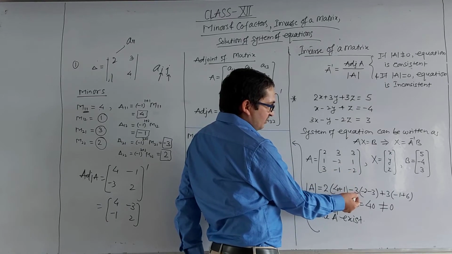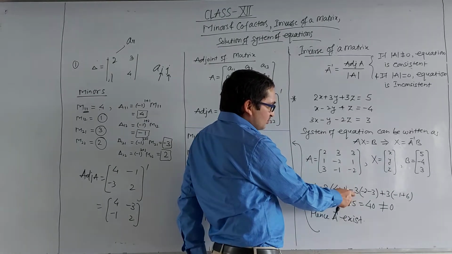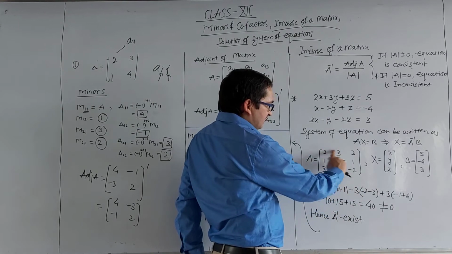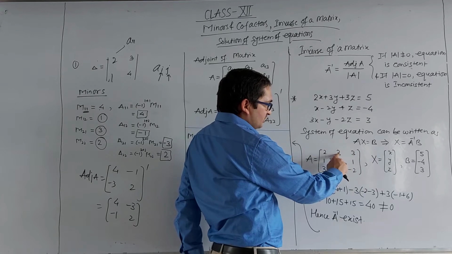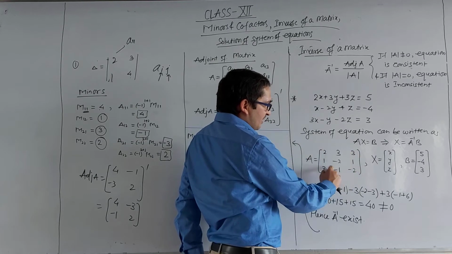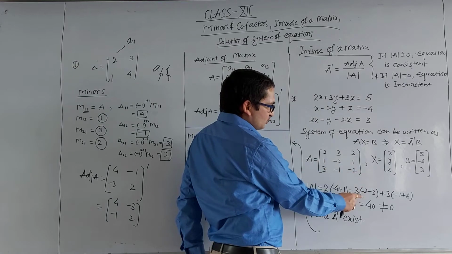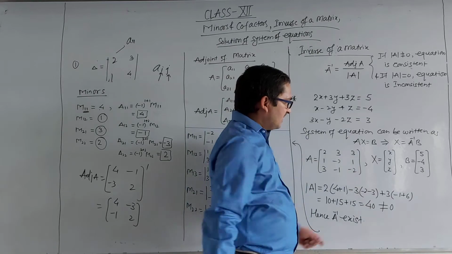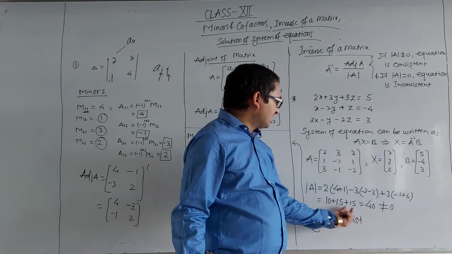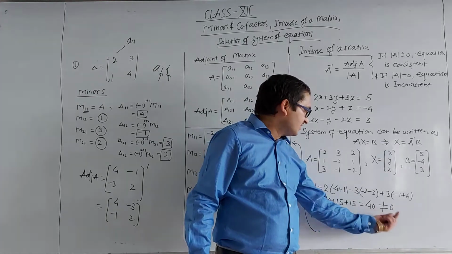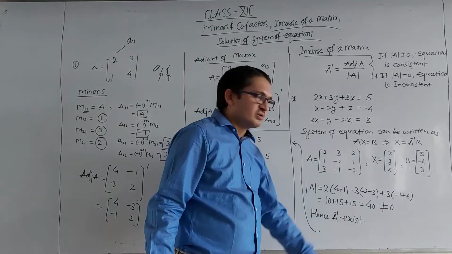Similarly, the second term will come with a negative, so minus 3, and you cover the first row and second column: 1 into minus 2, minus 3 into 1, minus 3, and similarly for the third term. You will get the determinant of A equal to 40. That is not equal to 0, hence A inverse exists.